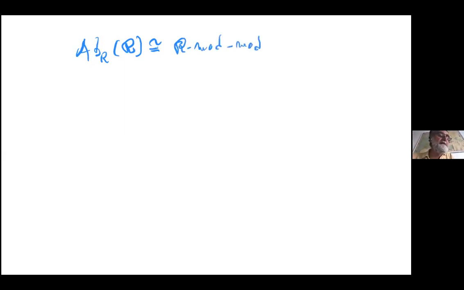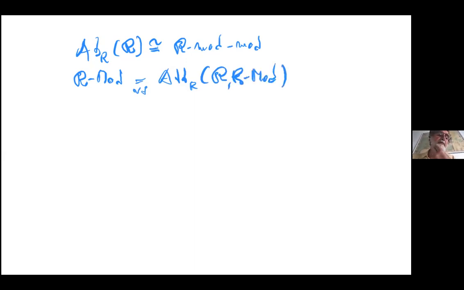What I mean by this is that capital Mod is by definition a big category of additive functors from R to R modules.